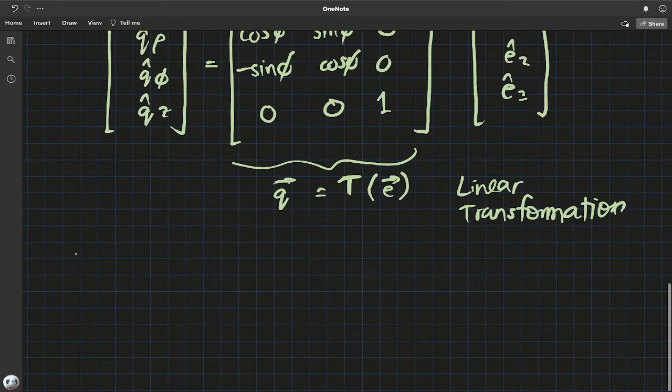One interesting thing to notice about this matrix T: if you have T transpose times T, well, let me just write that out.